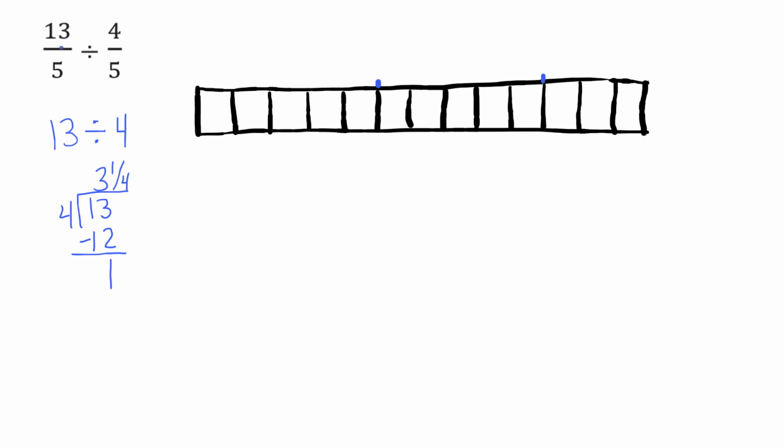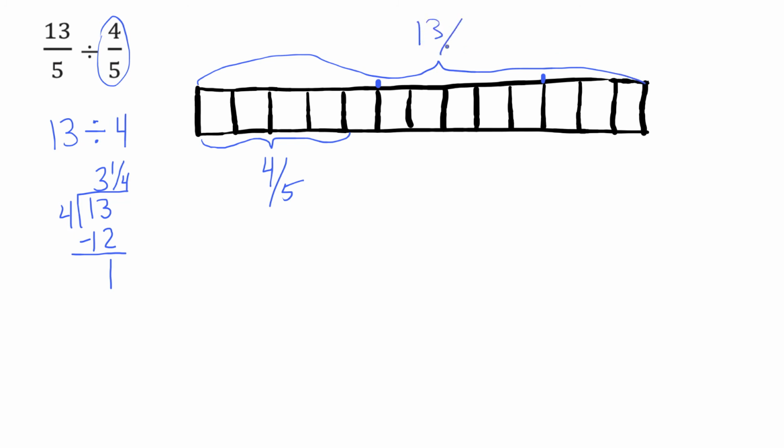I want to know, how many times does 4 fifths happen? How many groups of 4 fifths can I fit into 13 fifths? Well, let me draw right here a bracket. This is 4 fifths. And I should have written that this whole thing right here, just to be clear, is 13 fifths, right?